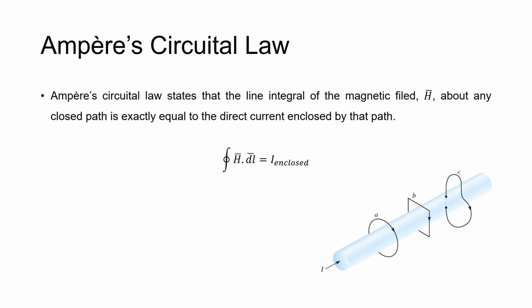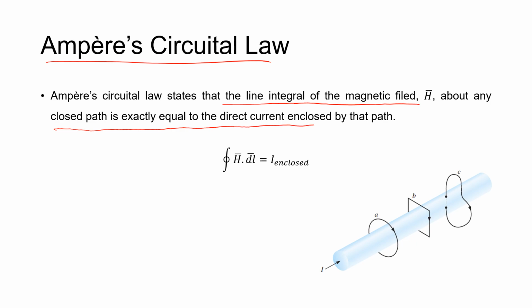Ampere's law, also known as Ampere's circuital law, states that the line integral of the magnetic field about any closed path is exactly equal to the direct current enclosed by the path. So if we have some cable and whatever current I here, we name it I enclosed.